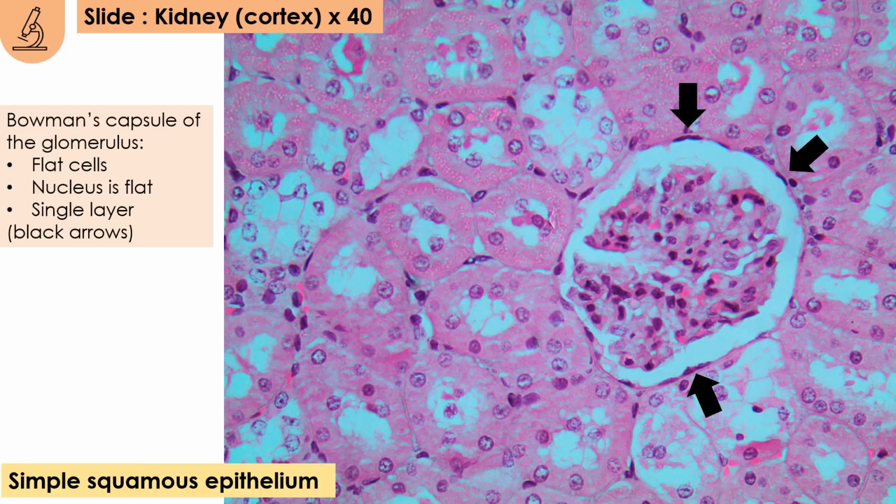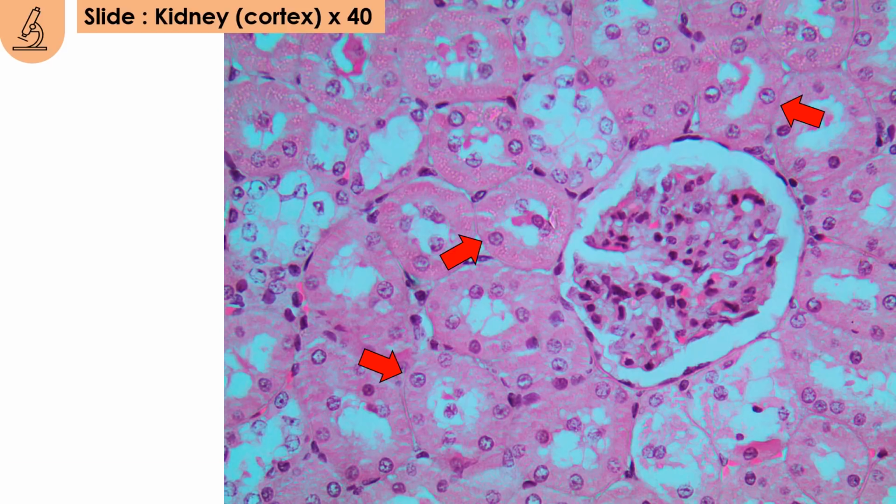Now, focus on these cells, the ones with the red arrows: one cell, two cells, and the third cell. See the characteristics of the cells. First, the shape. You can see the shape of these cells is square, isn't it?